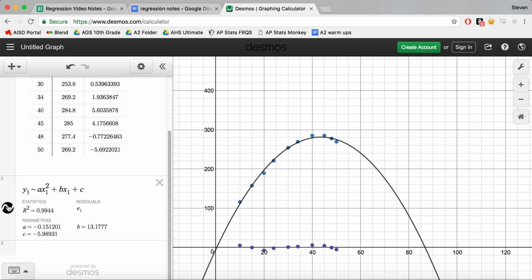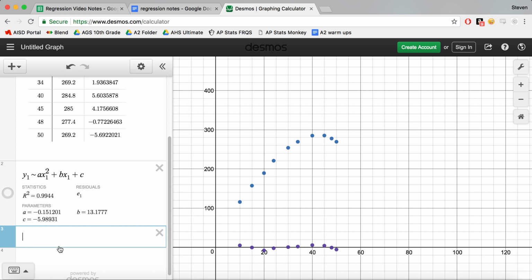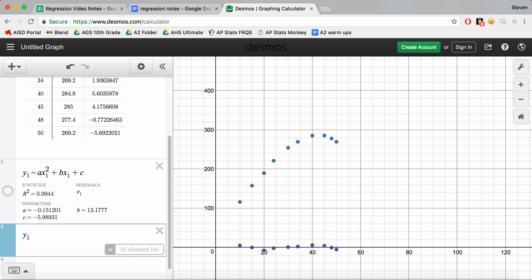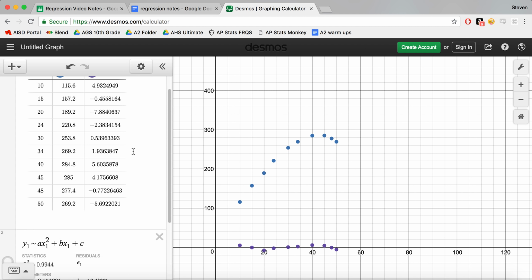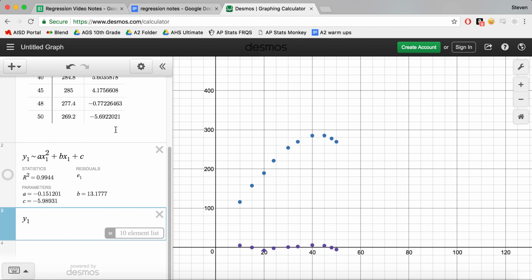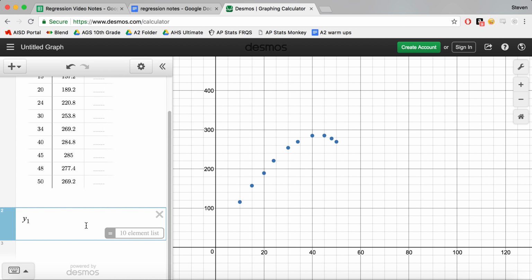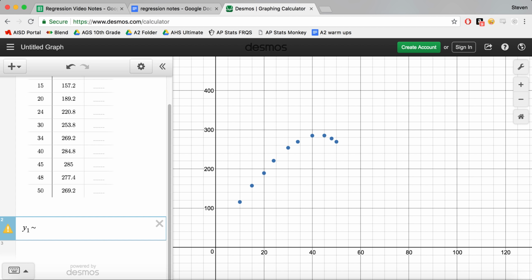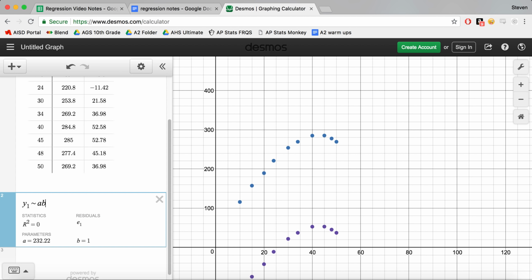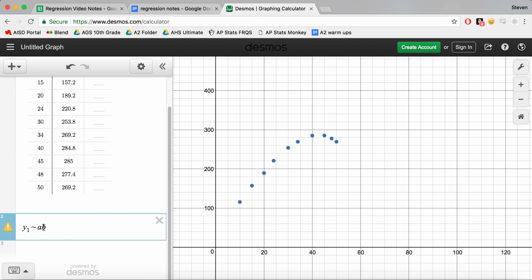For fun, let's also do an exponential regression. Some of you might get data that comes out to be exponential. So let's run that one. We do y1 squiggly, and exponential regressions are going to be a times a number to the power of.